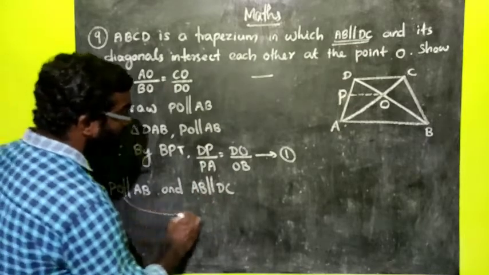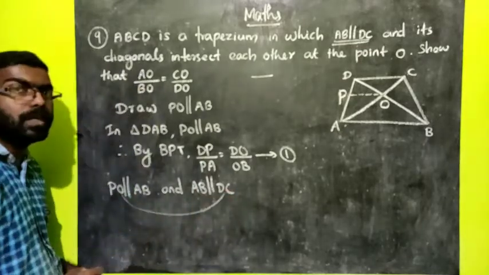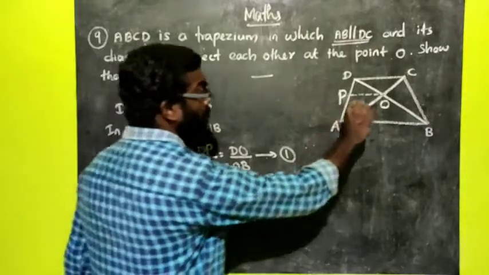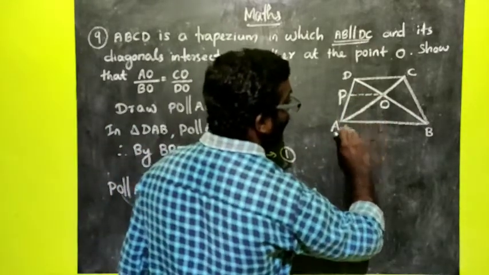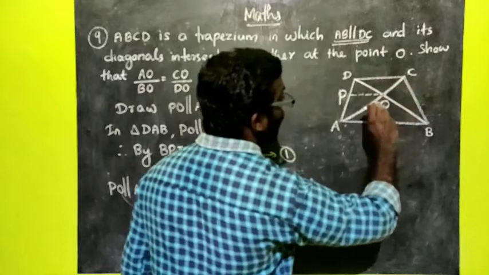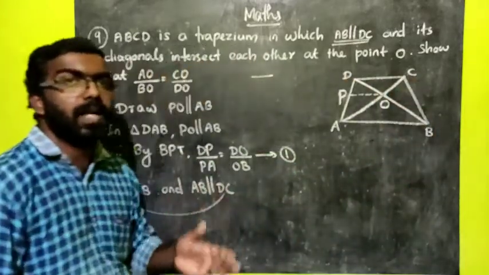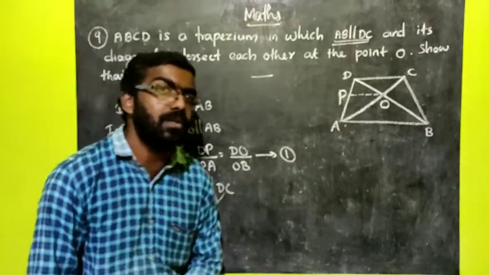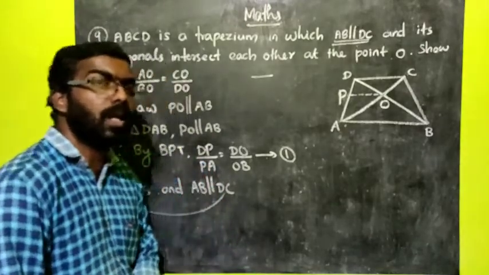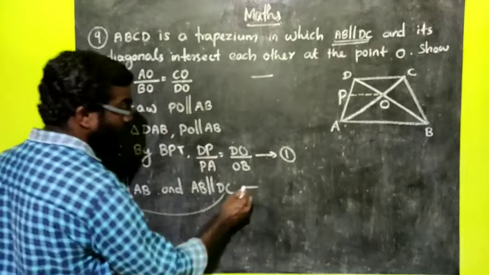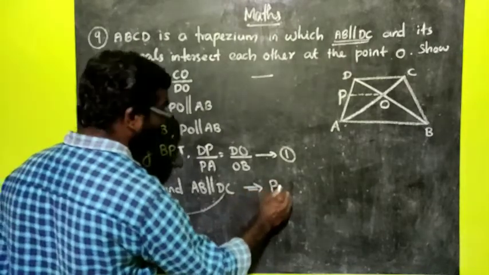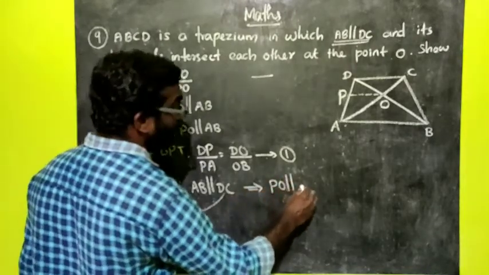That means PO must be parallel to DC. Lines parallel to the same line are parallel to each other. So PO is parallel to DC.